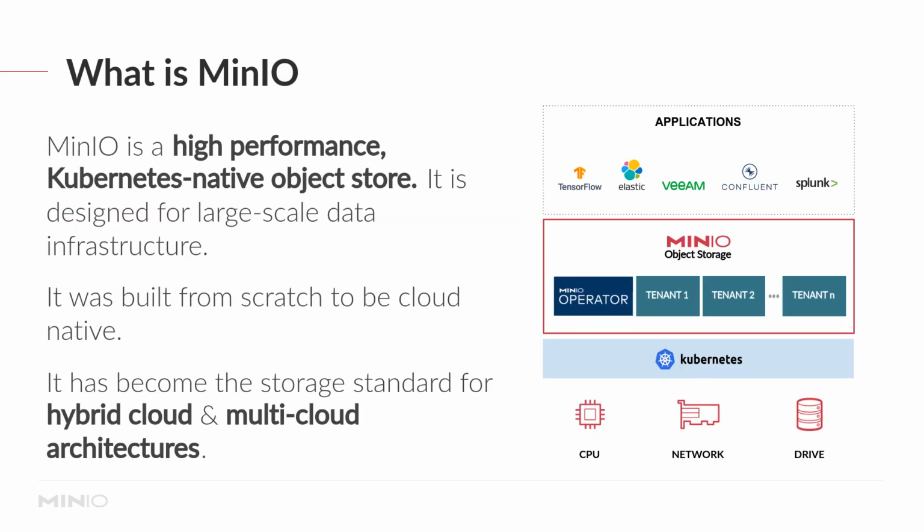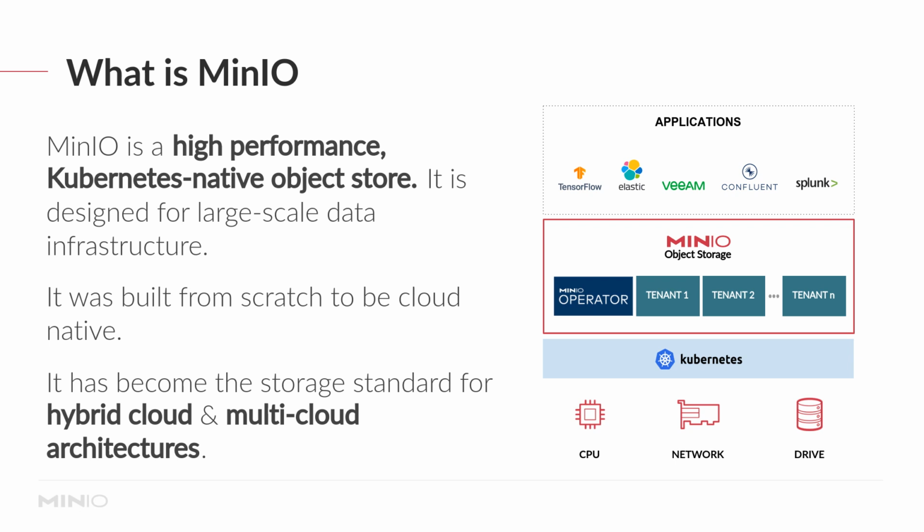So let's start with what is MinIO. MinIO is a high performance Kubernetes native object store. We built MinIO from scratch to be cloud native. It runs under Kubernetes, and it also runs on bare metal. In fact, MinIO runs on just about anything. The requirements are very low.